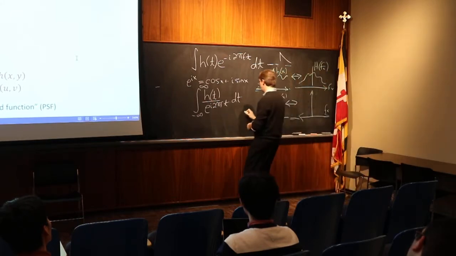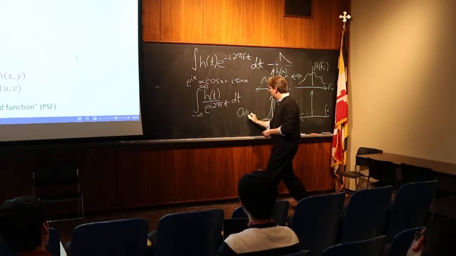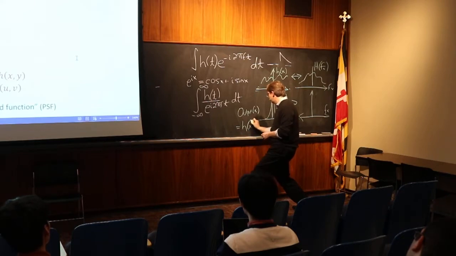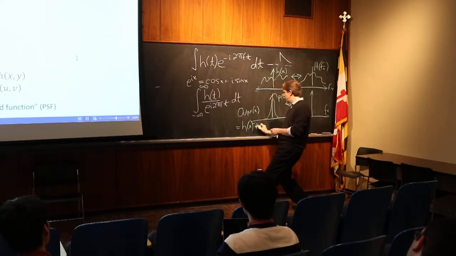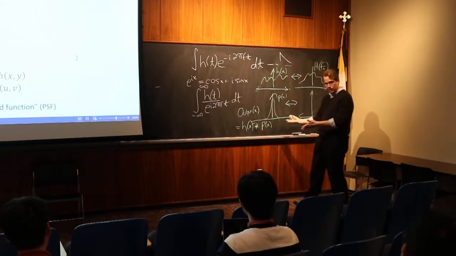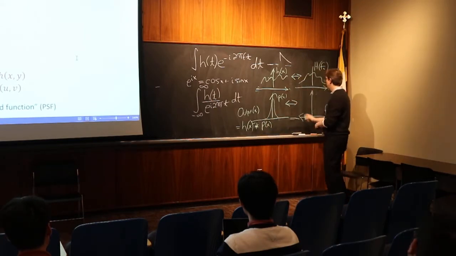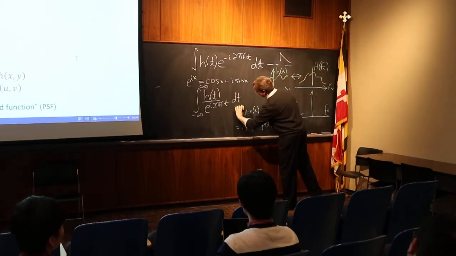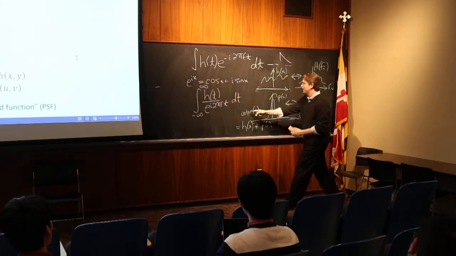The output image is h of x convolved with p. Therefore, I'll make this a lowercase output, because we're still in this domain.